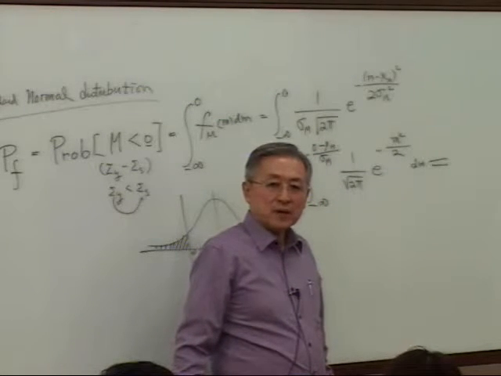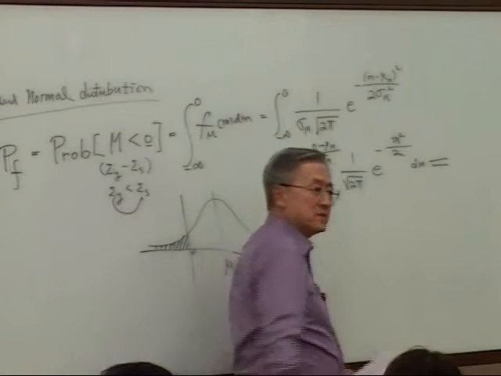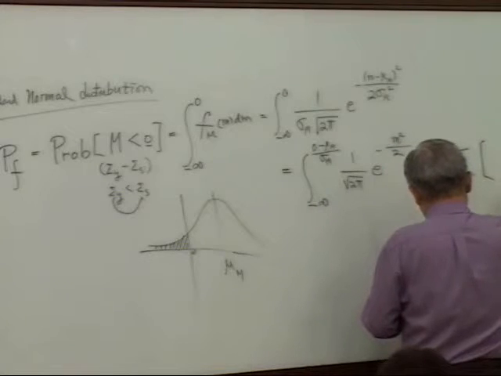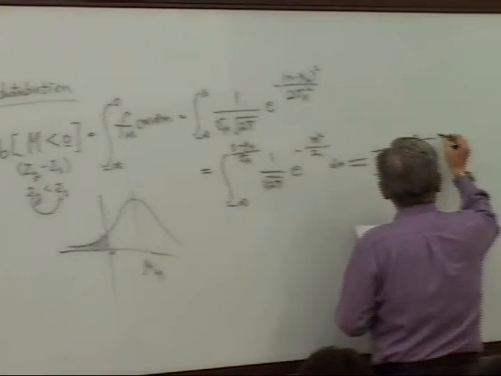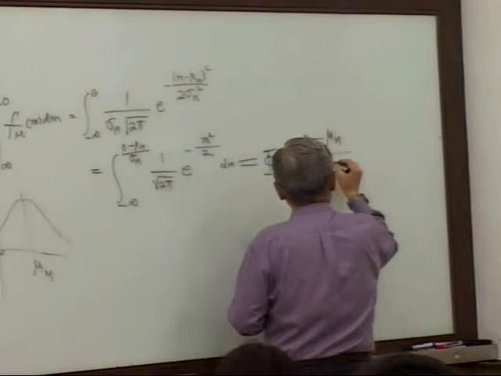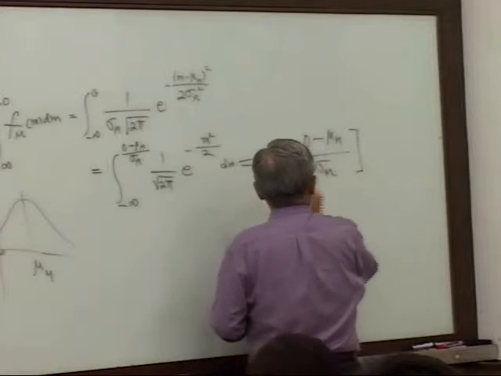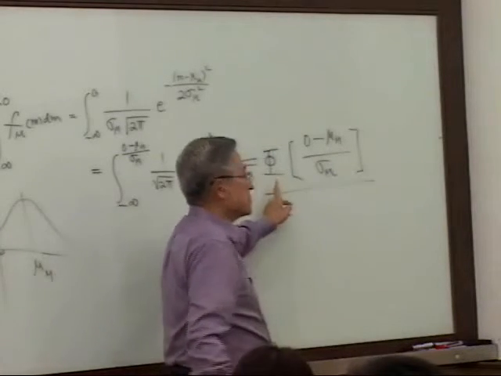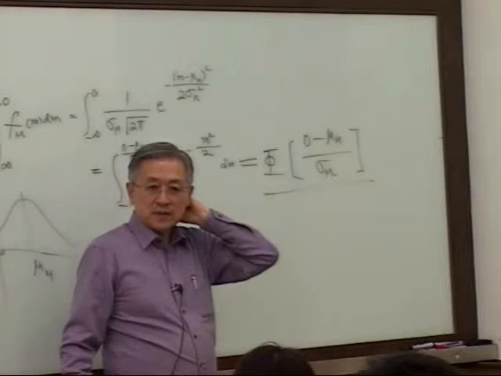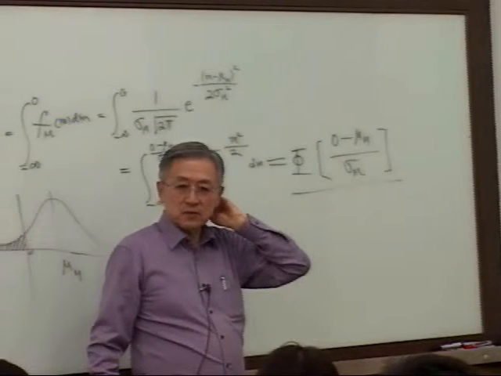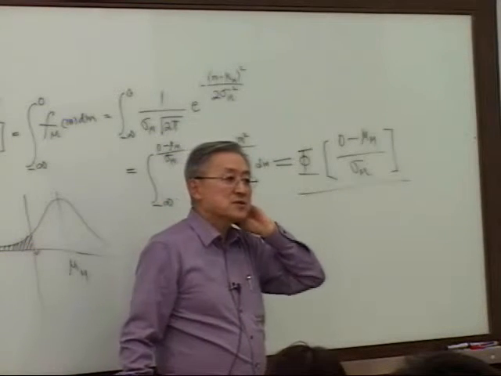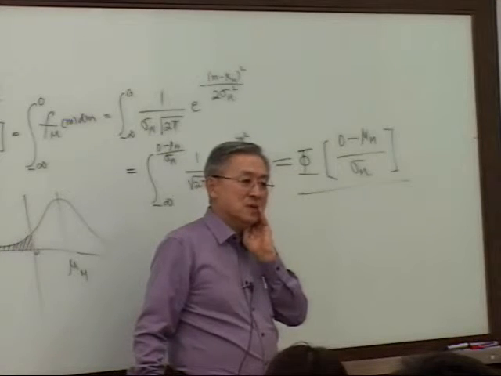I can just bring back the notation, the phi, right? Phi of 0 minus mu m over sigma m. Once I write it in this form, this is a standard normal distribution, whose mean is equal to 0 and sigma m is equal to 1.